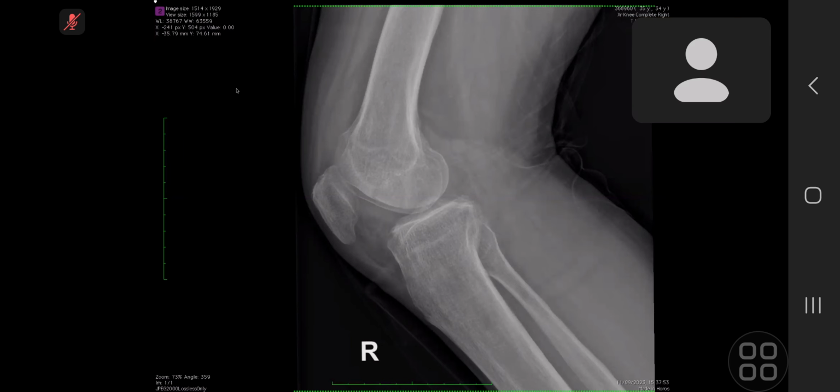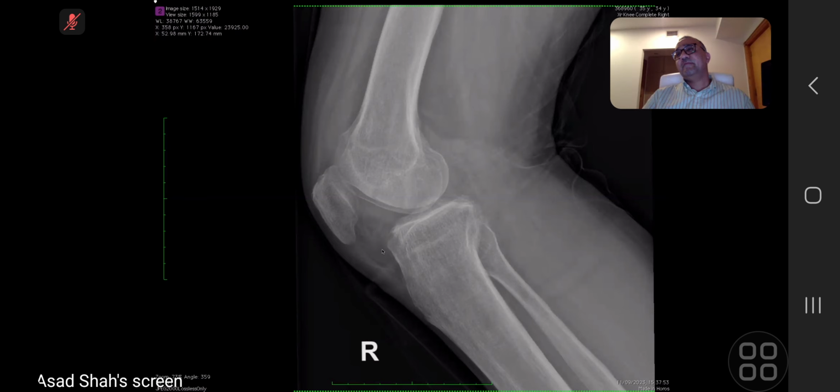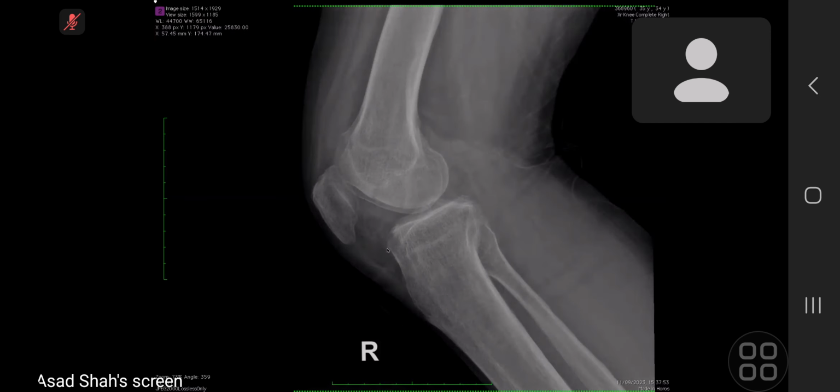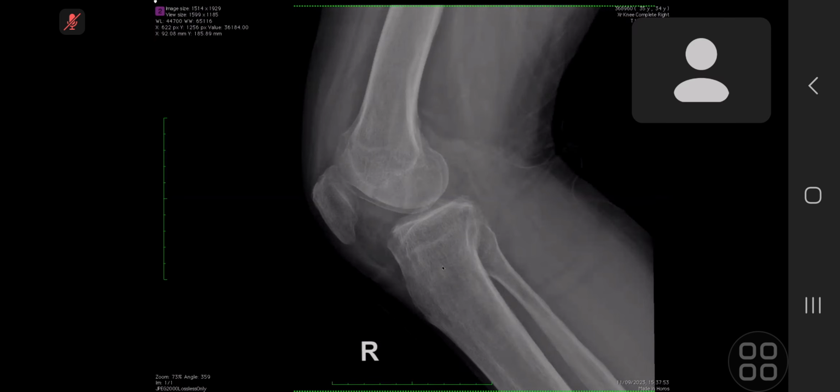Then you follow it down. What about the fat pad? Does it lead you to the abnormality? Maybe the tibial plateau is not that smooth at the anterior aspect.